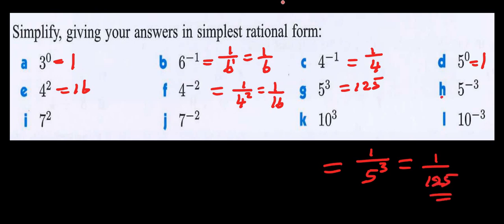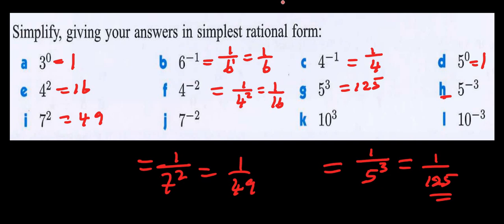So that's question H. All right, so question I. We have 7 squared. 7 squared is equal to 49. And when you have the reciprocal of that, which is 7 exponent negative 2, you simply change that to a positive exponent by making it 1 over 7 squared, and that will become 1 over 49.